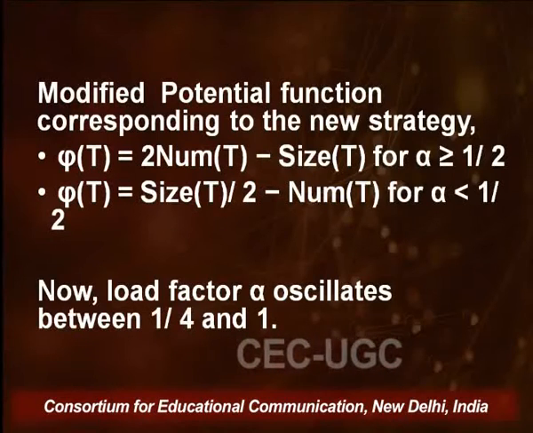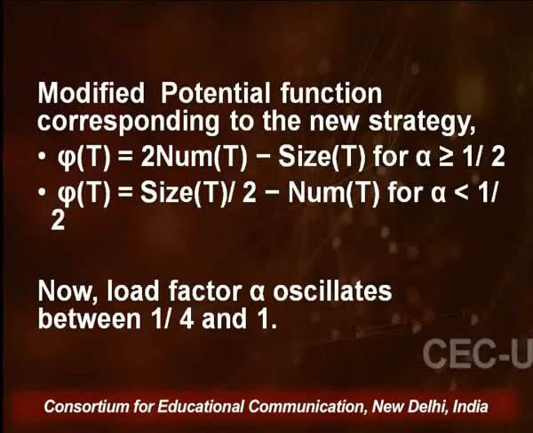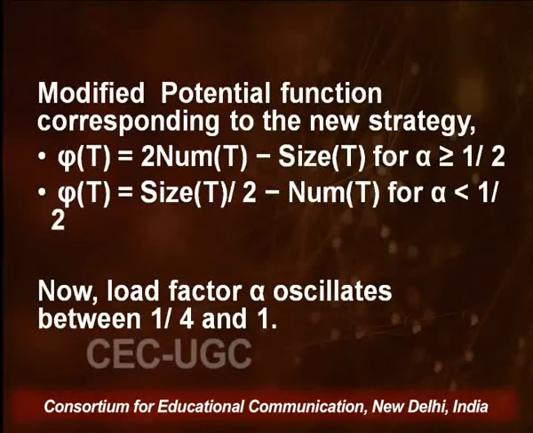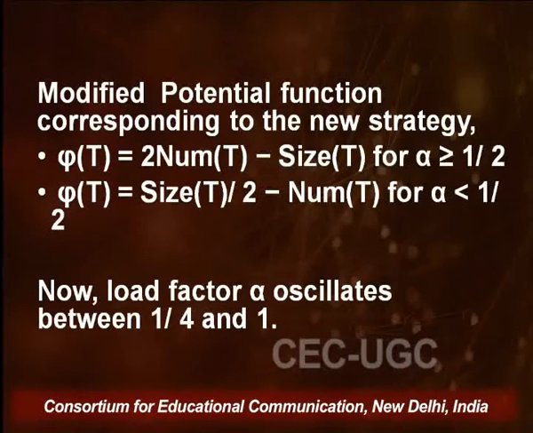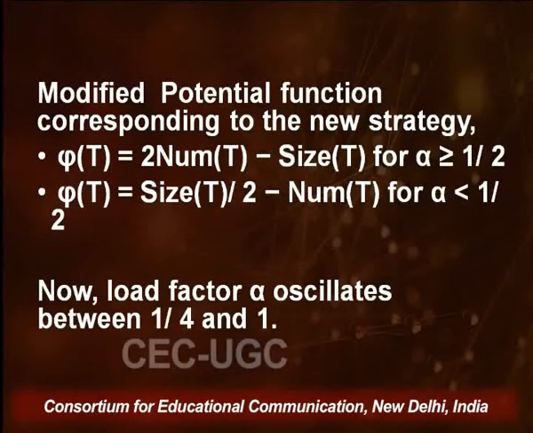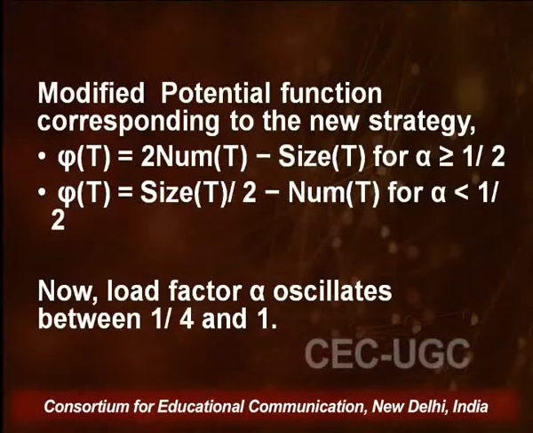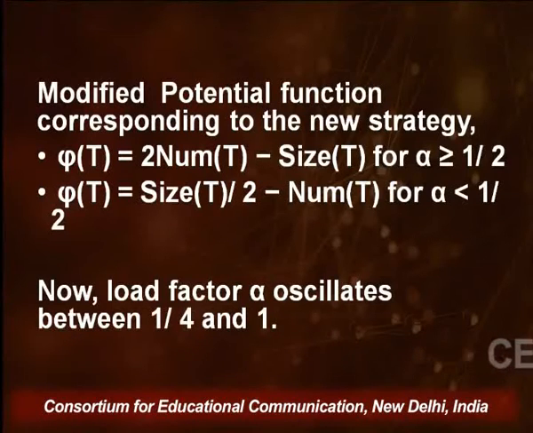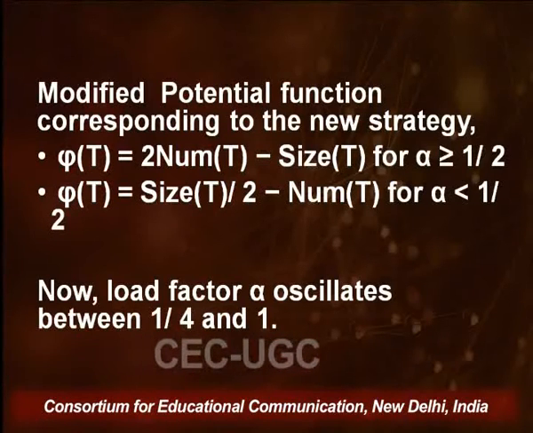And the third situation, when alpha was less than or equal to 1 by 2 before the ith operation, but after the ith operation, which is an insertion, it changes the category and now my load factor is greater than 1 by 2. So all three conditions we need to look upon, along with which condition is going to trigger an expansion. Too many things we need to take care of here.